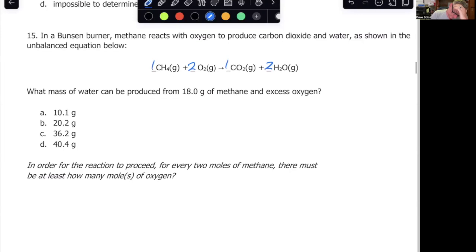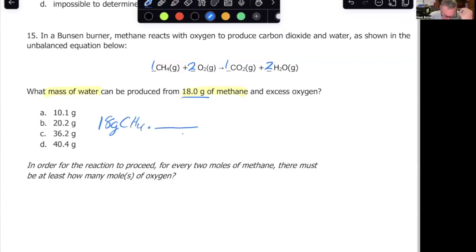What mass of water can be produced with 18 grams of methane and excess oxygen? So this is not really anything new. So let's just find our A and B. Mass of water, so obviously that means grams. It doesn't always say grams, but that's what that means. From 18 grams of methane, so I'm going gram to gram. 18 grams of methane, which is CH4.